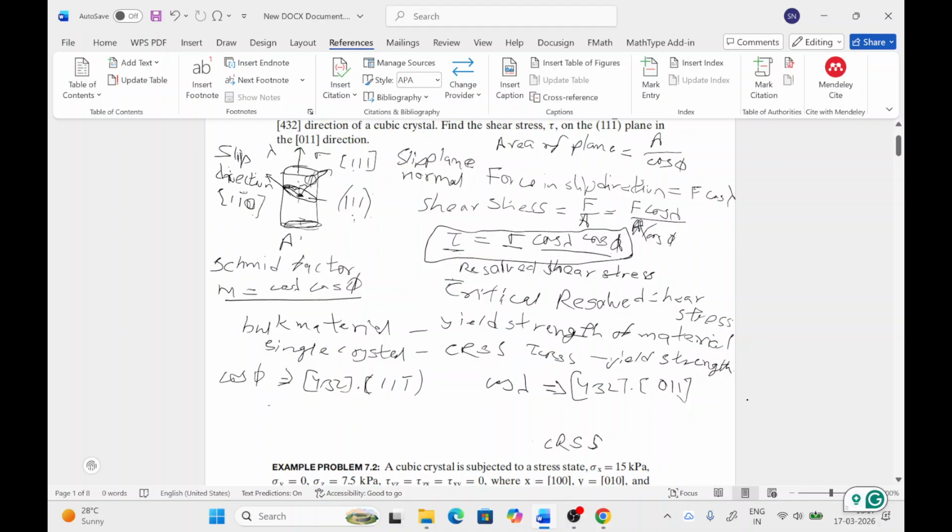So we can calculate the cross product: 4 into 1 plus 3 into 1 plus 2 into minus 1, divided by the square root of 4 square, 3 square plus 2 square, multiplied by the square root of 1 square plus 1 square.